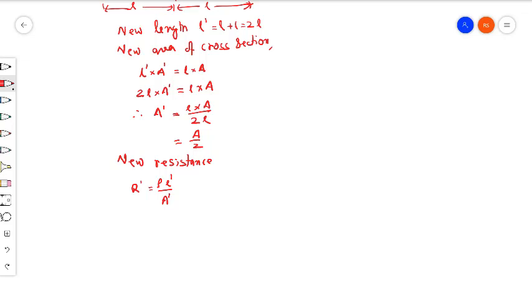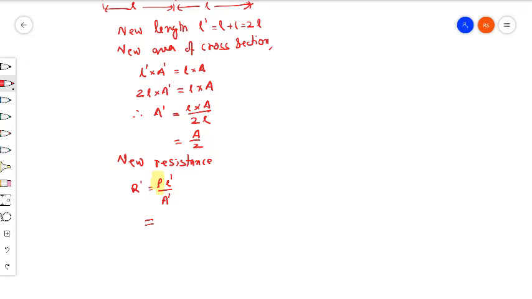Rho is constant for a particular material. It does not depend on its geometrical dimensions. As the length and area of cross section change, the resistivity does not change. So rho is constant.